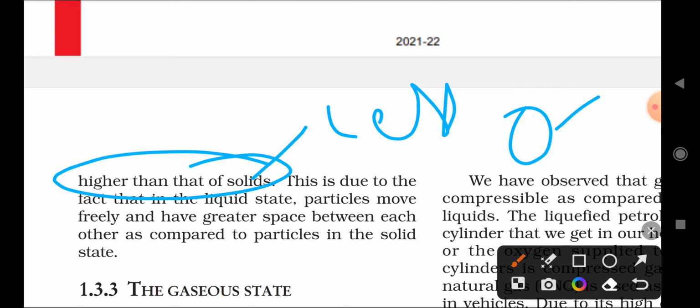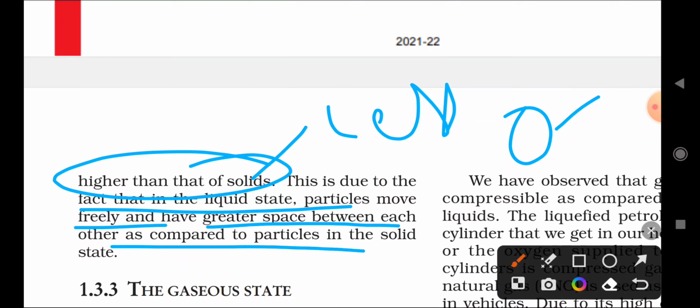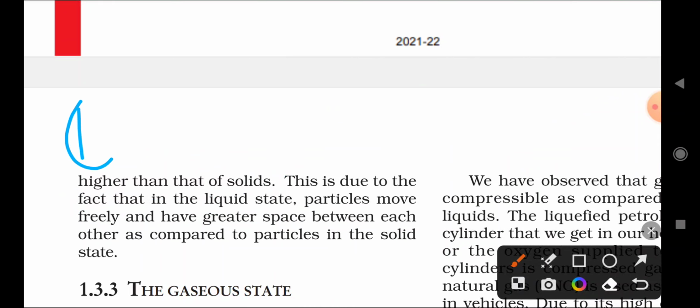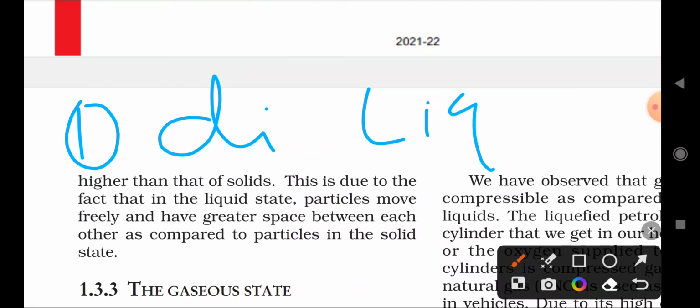This is due to the fact that in the liquid state particles move freely and have greater space between each other as compared to the particles in the solid state. So why do solids have a lower diffusion rate than liquids?